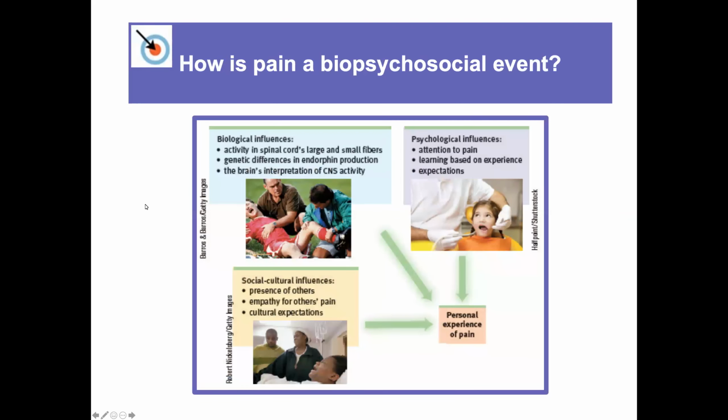So how is pain a biopsychosocial event? This slide is really blurry, I apologize. In terms of the biological influences, there is activity in the spinal cord's large and small fibers, genetic differences in endorphin production, and the brain's interpretation of the central nervous system activity. In terms of the psychological influences, there is the attention that's paid to the pain, the learning that you've had about pain in the past, your experiences, and your expectations for getting hurt and what you expect it to feel like.